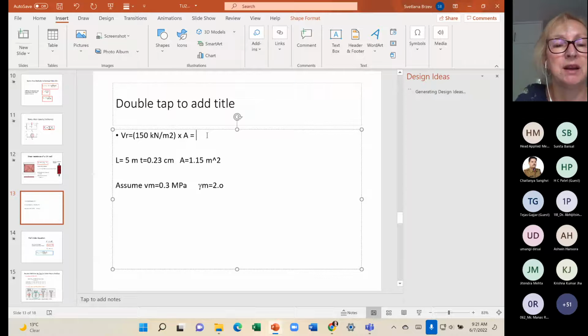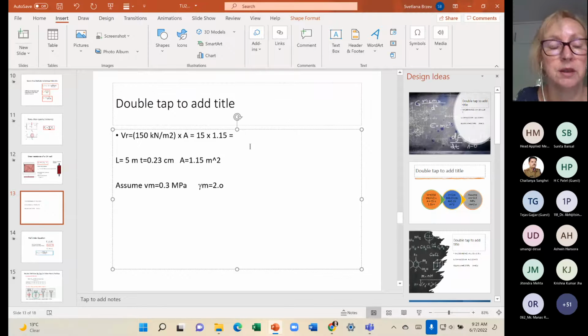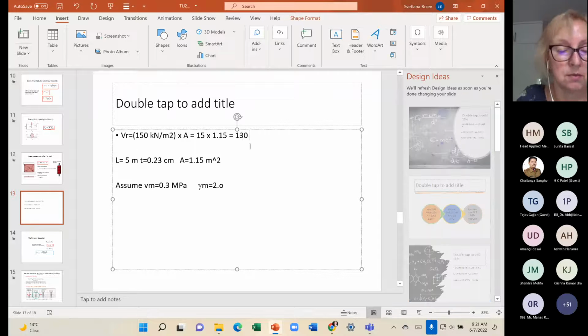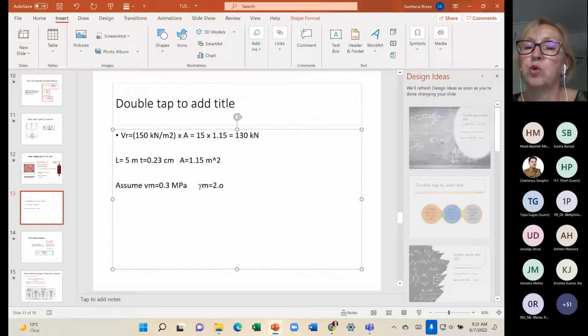So if we multiply 150 times 1.15, we will get ultimately a force of approximately 130 kilonewtons. This gives us a sense of how much shear this wall can take in a very simple way.